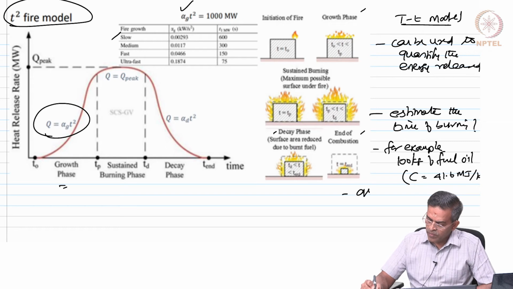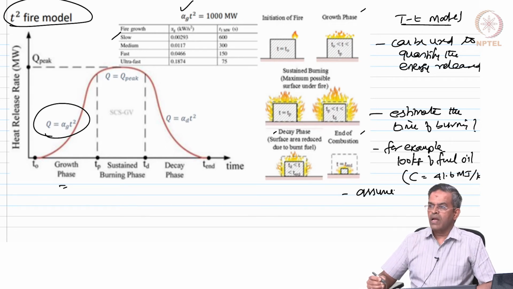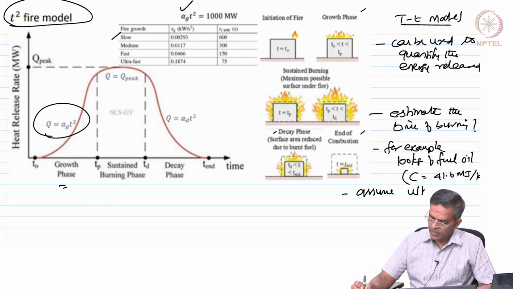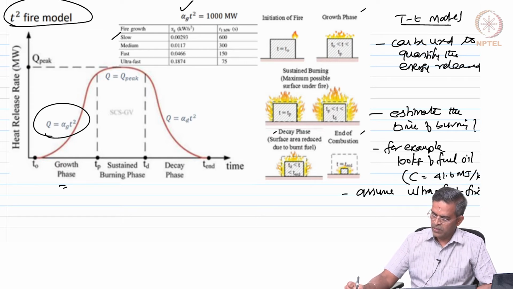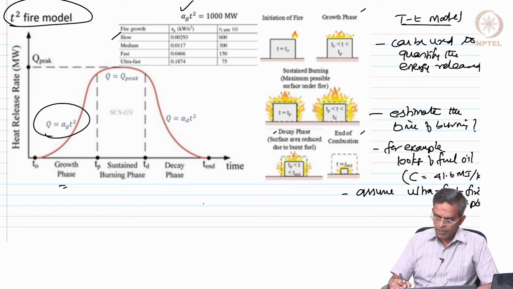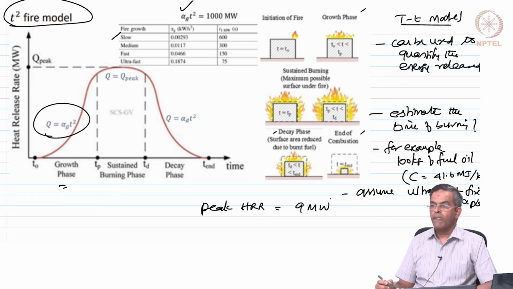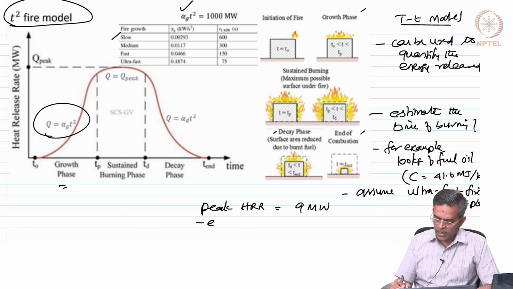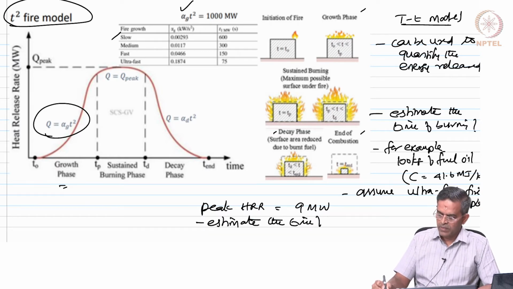Let us assume an ultra fast fire to take place. The peak HRR, that is heat release rate, is 9 megawatts. We want to estimate the time of burning. Let us do that.